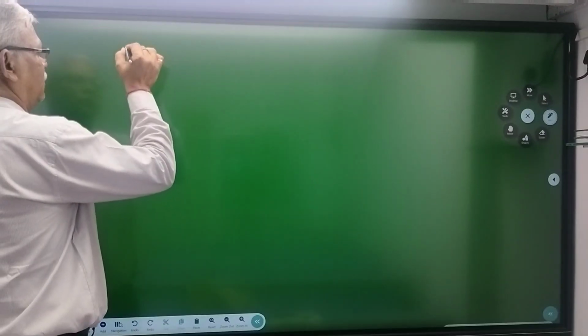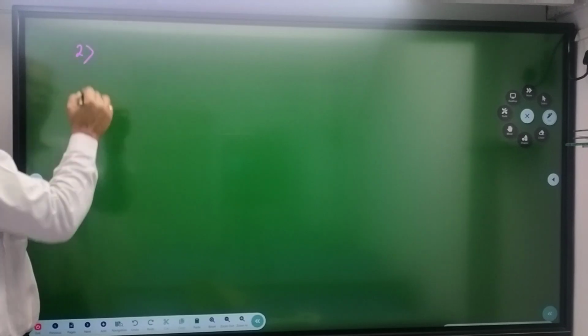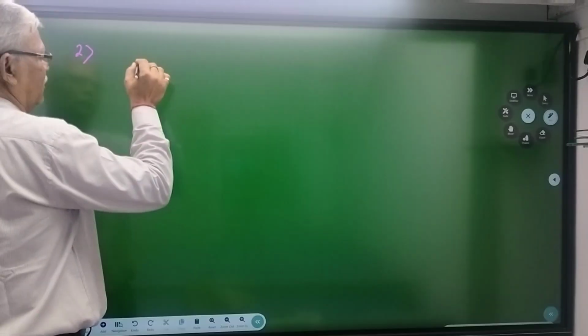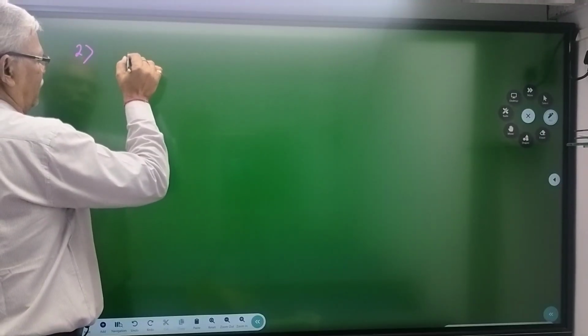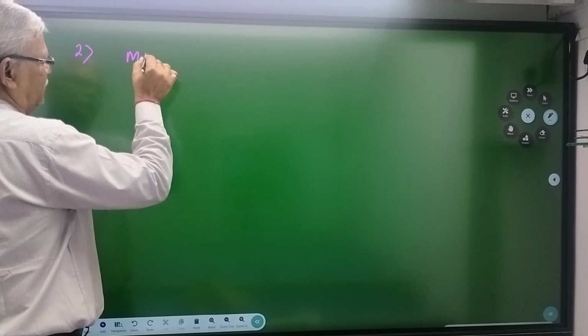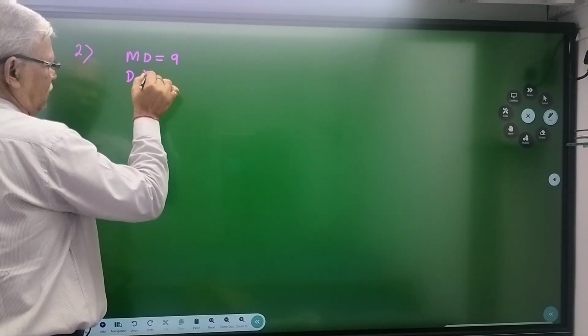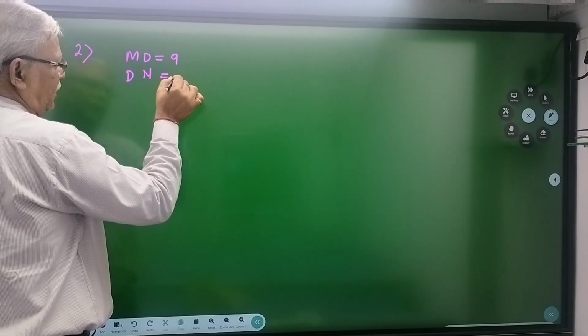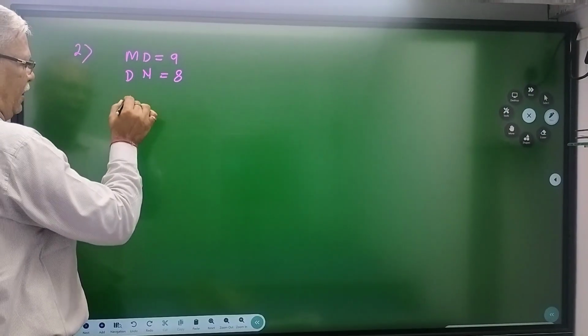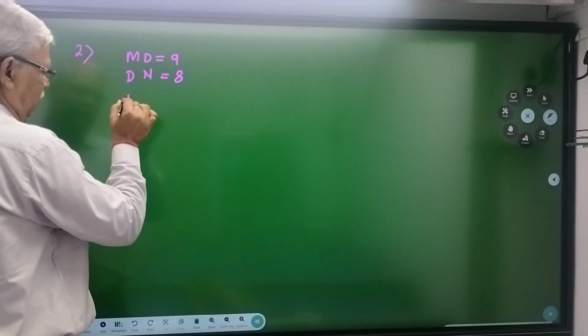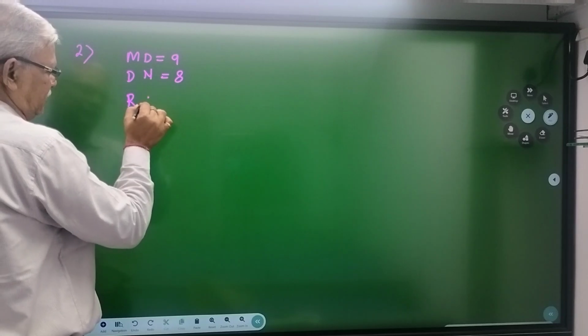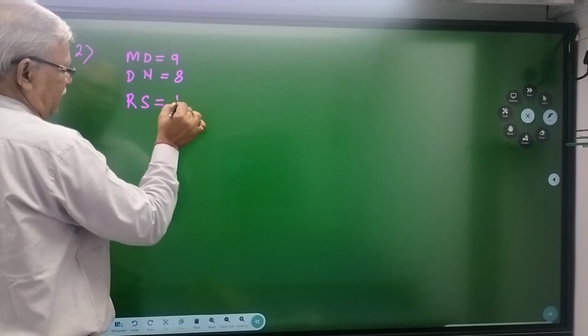Here we will consider the second part, as I told you. First thing, the value of MD is given how much? 9. DN is given, that is 8, and here RS is given, that is 18.